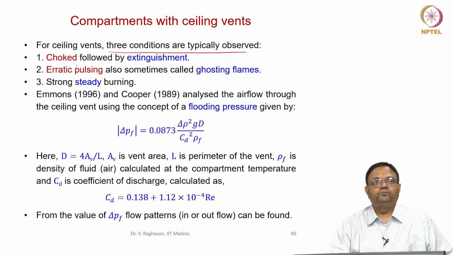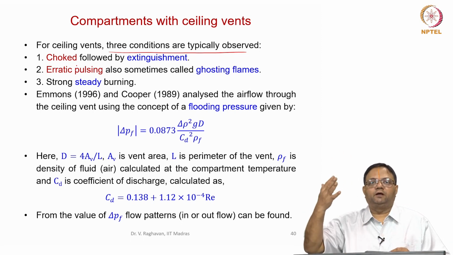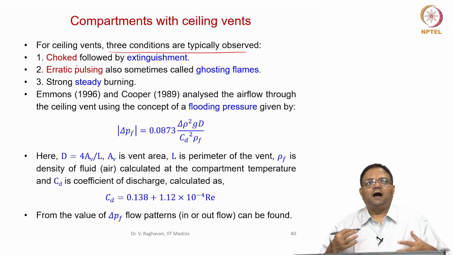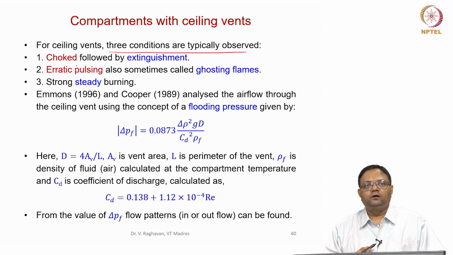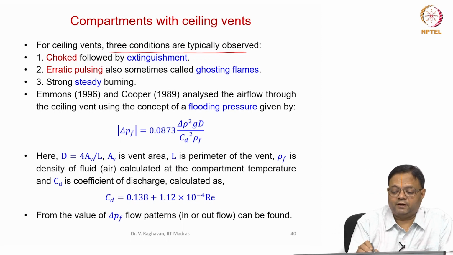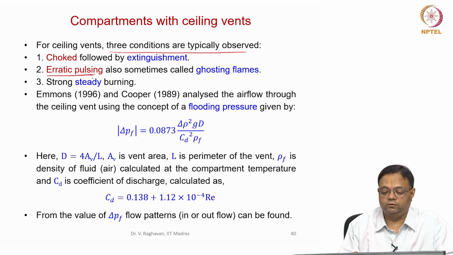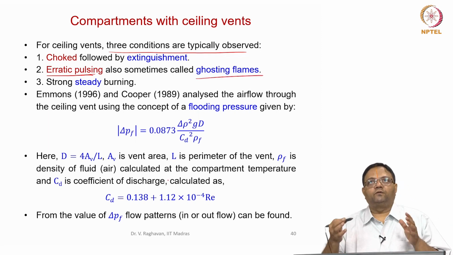What happens is, due to these different types of flow patterns which are created, the air entrainment can be affected. So, choked flow can occur and the fire can be put off, the fire can extinguish. Then erratic pulsating flow or pulsing can also be observed. These are called ghosting flames, because of the flow pattern.